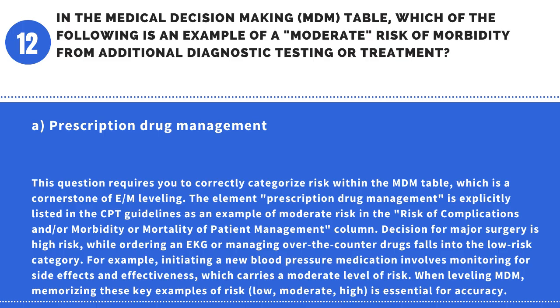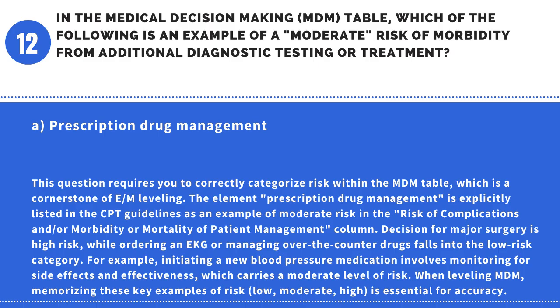This question requires you to correctly categorize risk within the MDM table, which is a cornerstone of E/M leveling. The element prescription drug management is explicitly listed in the CPT guidelines as an example of moderate risk in the risk of complications and/or morbidity or mortality of patient management column.